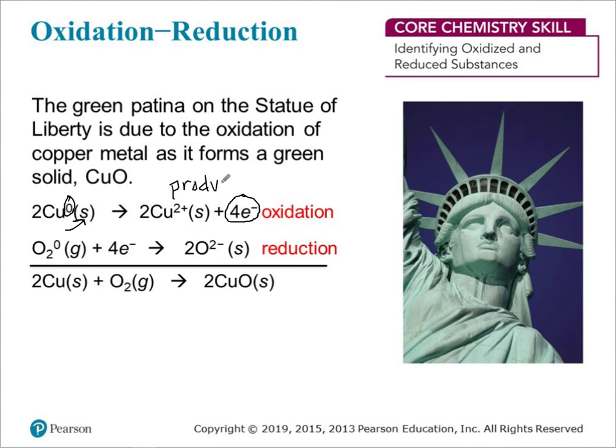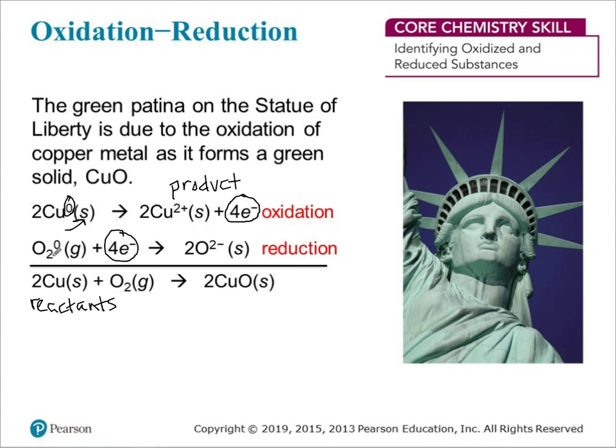If you have electrons on the product side of a reaction, then that means that something on the reactant side was oxidized. In the second reaction at the bottom, the electrons are on the reactant side. So that means that oxygen was reduced.